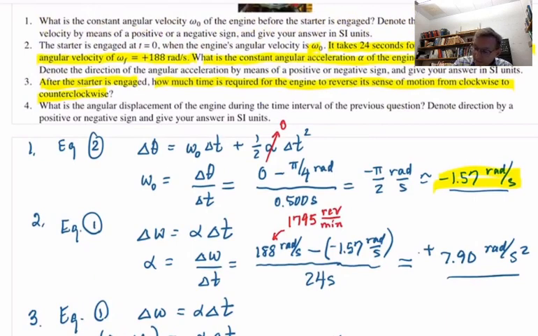What is the angular displacement of the engine during the time interval of the previous question? In question 3, during that short time interval from the start to where it momentarily is at rest. Denote the direction by a positive or negative sign and give your answer in SI units.